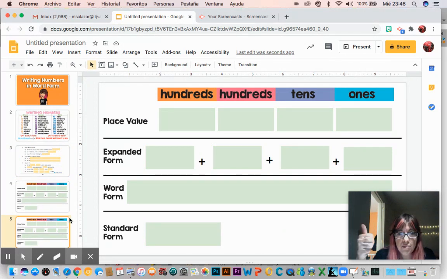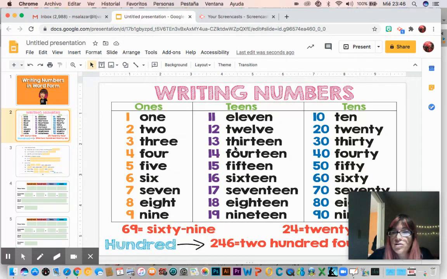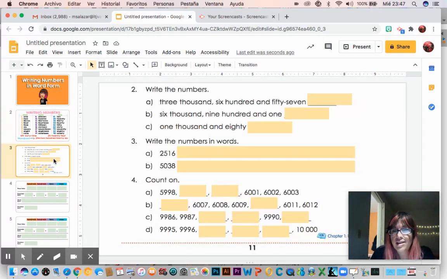Yes, thumbs up. Very good. Okay, as I always tell you, I am going to stay in the Google Meet with you, if you have any questions, and I'm going to be checking your work. When you are working, I can see here when you're writing things.